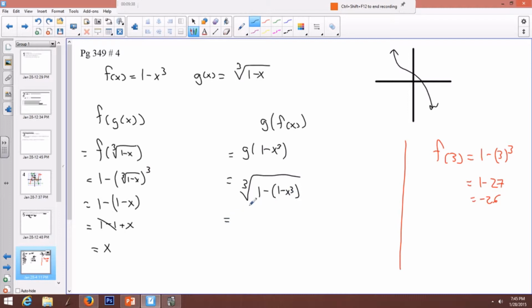Simplifying, you distribute the negative, so I've got the third root of 1 minus 1 plus x to the third. Those cancel. I've got the third root of x to the third, which is just x. So f and g are inverses.